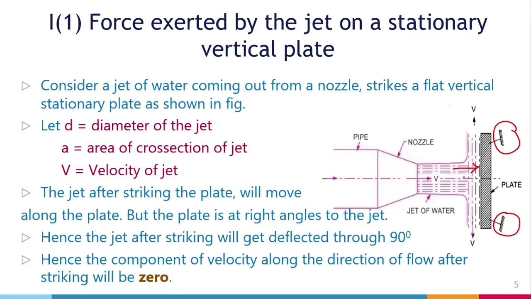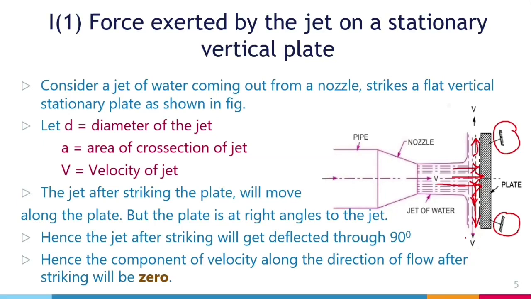Now practically imagine, when this water is coming and striking this plate, after falling on this plate, what would it do? Where will the water go? Some water will go like this, some water would go like this. And mostly there would be no scope of water traveling in the upward direction, because we all know there is gravity force which is pulling down. So once the jet of water strikes like this, the water after striking the plate will fall down.